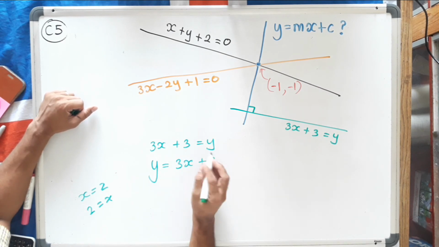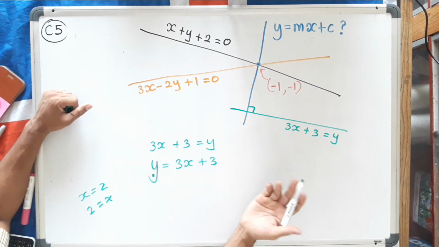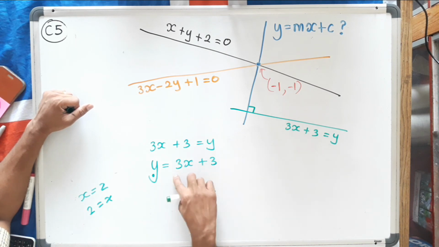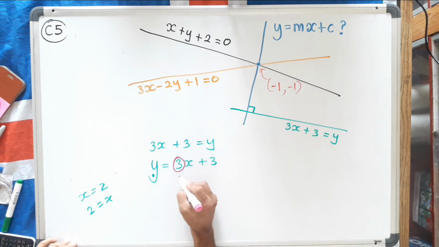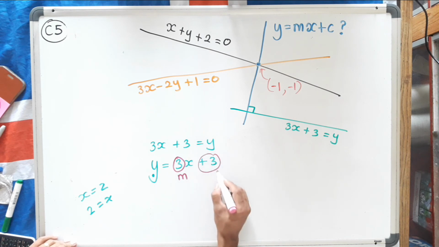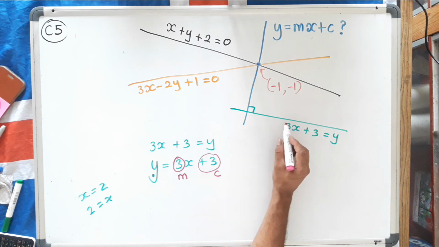But when you switch it around, you notice y is already the subject, and the x is separate from the non-x's. So if I ask you what's the gradient of this line, the green line, you can simply tell me the gradient is 3. And the y-intercept, which I don't need, is 3. Both of them happen to be 3. So y was already the subject. So the gradient of this line is 3.